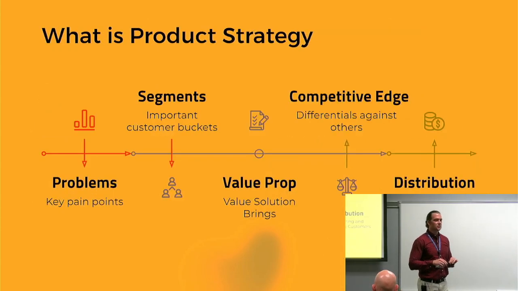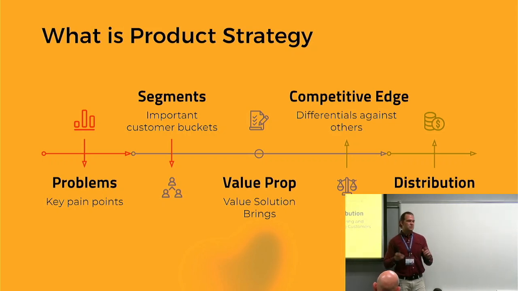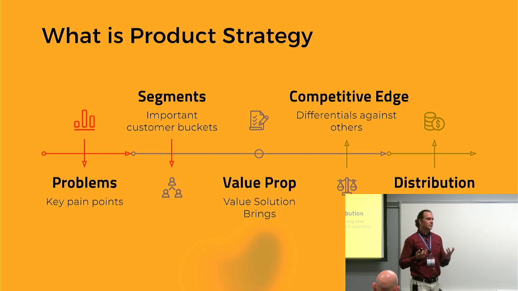So quickly, what is a product strategy? In my view, it encompasses 5 things. It encompasses problems, segments, your value proposition, your competitive edge, and your distribution, right? Problem being very simple, go after your key pain points that customers have. A segment just means what is your persona, what is the customer bucket, I guess, that you are trying to target.